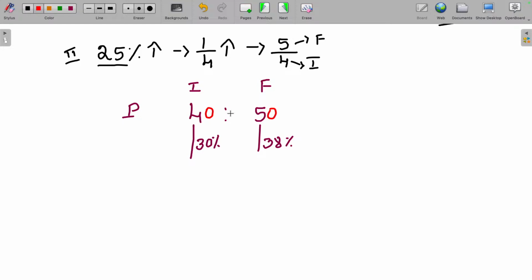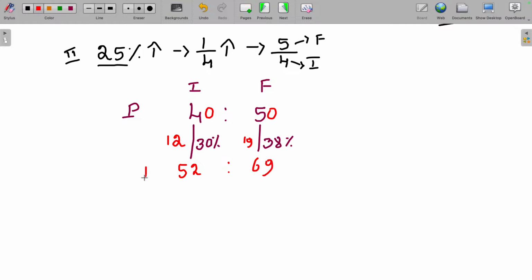Any number, even 400 is to 500, you can write. 30 percentage of 40 is 12 rupee, so starting labor cost is 12 rupee. 40 plus 12, 52 rupees. Now 38 percentage of 50 is 19, which means now it is 69.